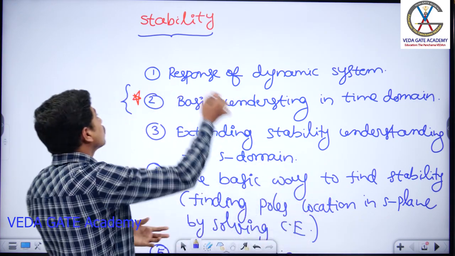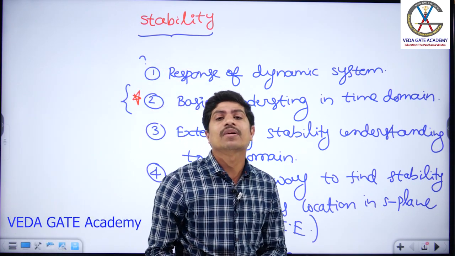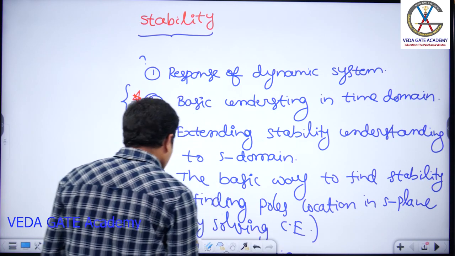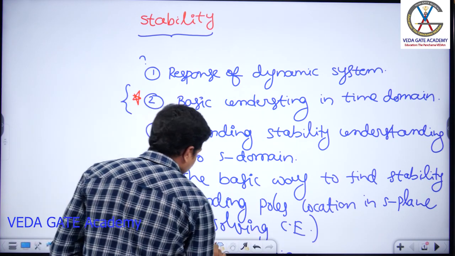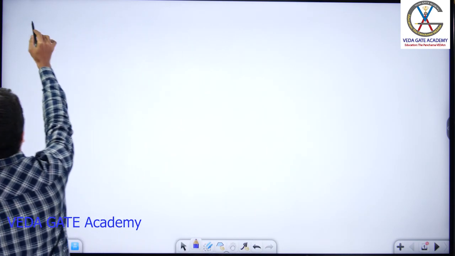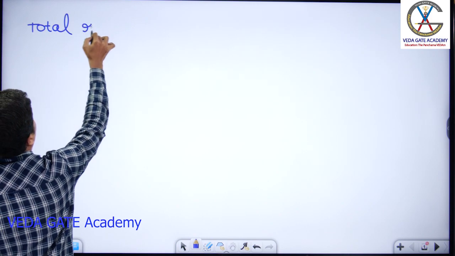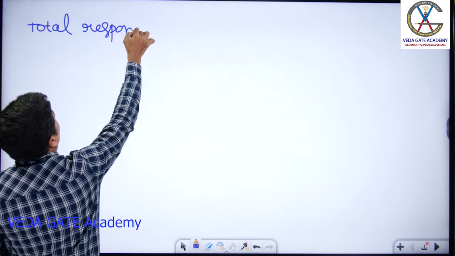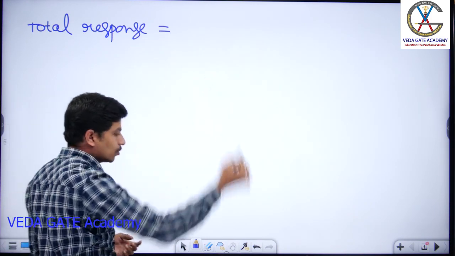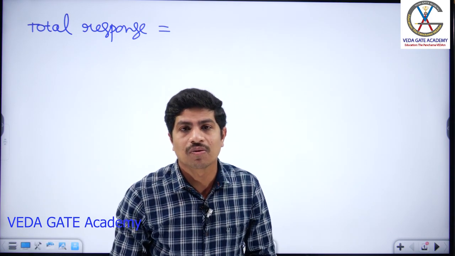Before that, we need to understand the total response of a dynamic system. Every system is going to have two responses, natural response and forced response.